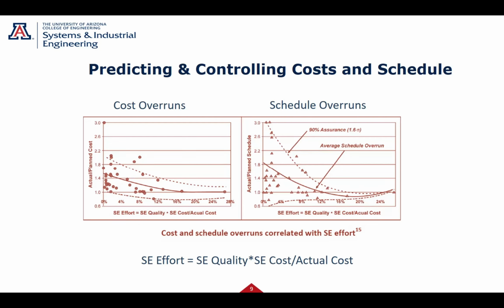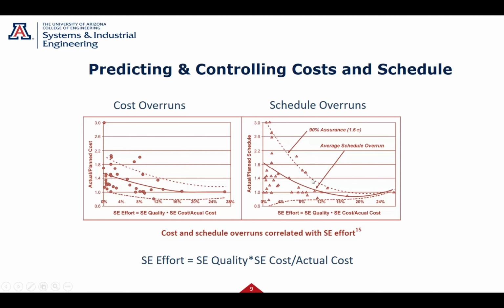Why? Those systems engineers are defining the requirements up front. If you don't define those requirements adequately and understand the interfaces, requirements, and everything, you have churn in your mechanical and electrical that ends up costing you more money.